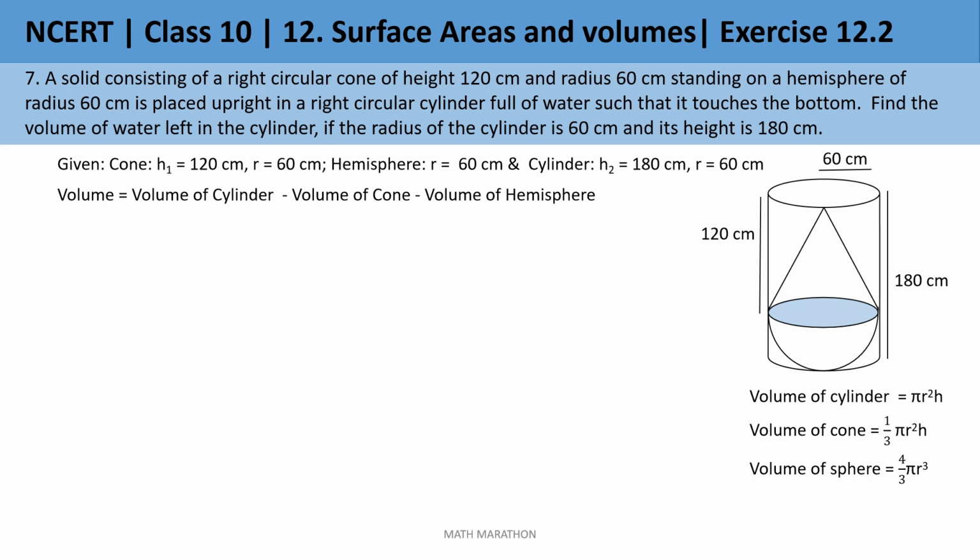Volume of water left in cylinder is equal to volume of cylinder minus volume of cone minus volume of hemisphere. Volume is equal to volume of cylinder, which is pi r square h2, minus volume of cone, which is 1 by 3 pi r square h1, minus volume of hemisphere, which is half of 4 by 3 pi r cube.